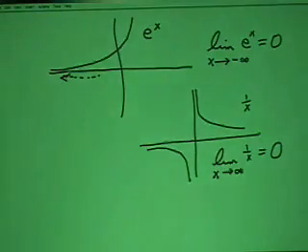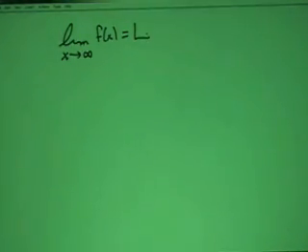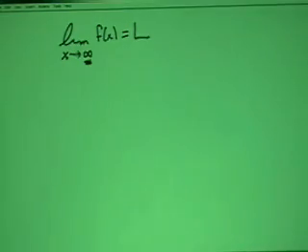So the question is this: what does it mean when we say the limit as x approaches infinity of f of x equals L? And see, this is different because we're talking about infinity here, which is not a number. So this requires a definition. What does this mean? Okay, so here is the definition.